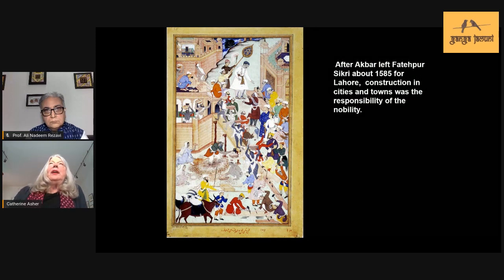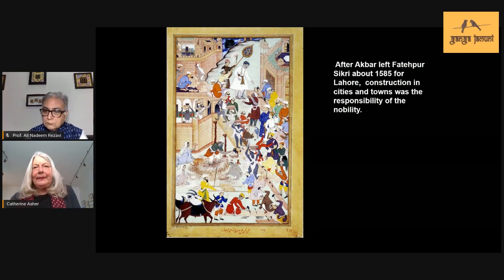In about 1585 or so, after Akbar departs from Fatehpur Sikri, he no longer really is engaged in architectural construction. Until now, he had built a number of forts, he had built palaces, he had built his father's tomb.